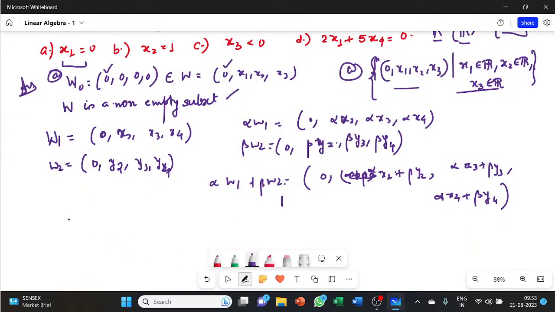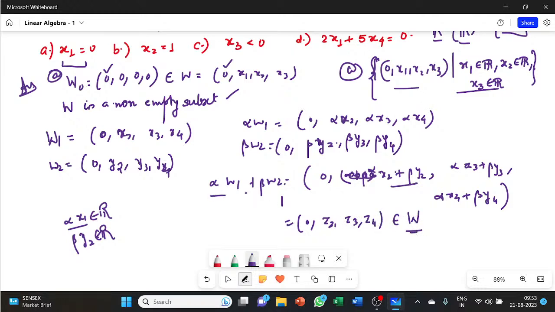Alpha is a real number, x2 is a real number, their multiplication would be a real number. Beta is a real number, y2 is a real number, their multiplication would be a real number. So this corresponds to 0, z2, z3, z4. Indeed, this structure corresponds to W, so alpha W1 plus beta W2 also belongs to W.